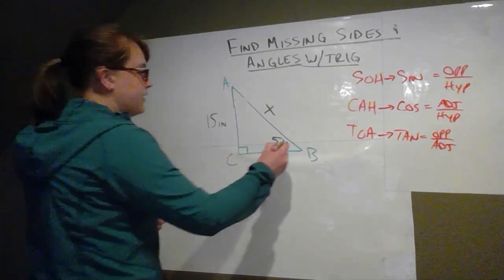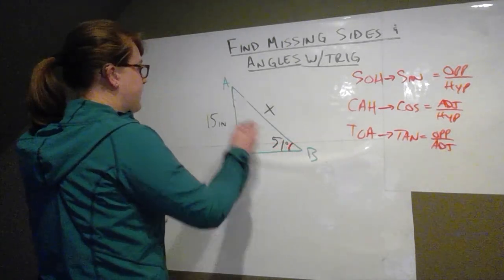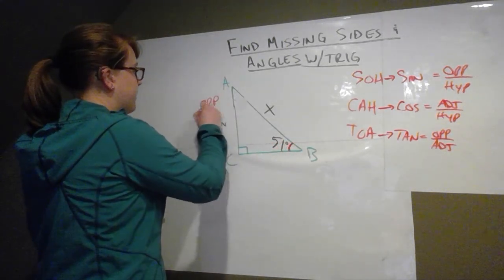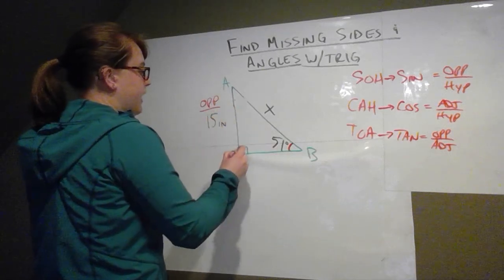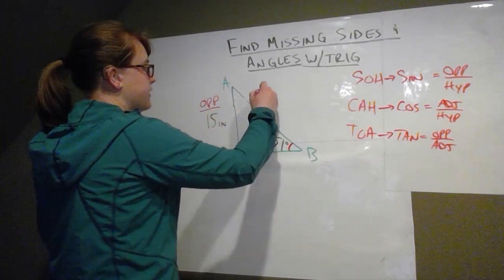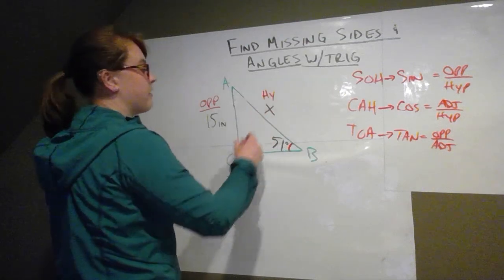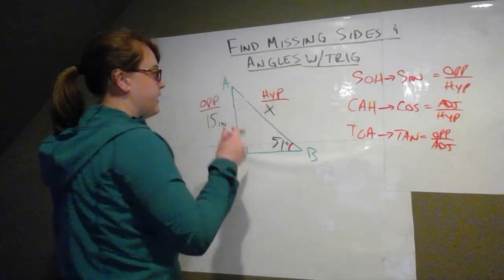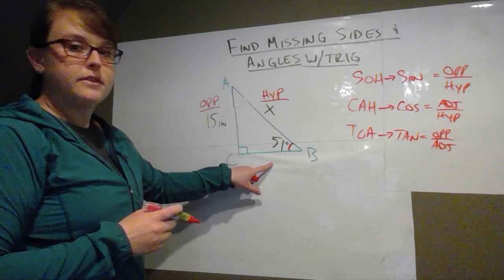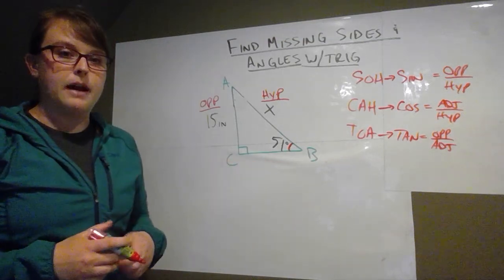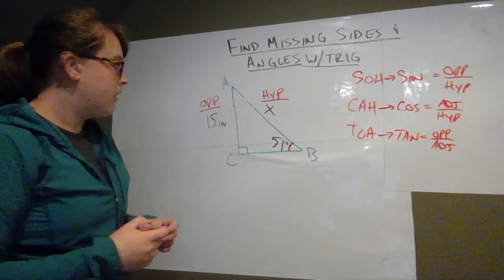So here's angle B. And according to angle B, this is my opposite side, since it's across from it. And this is across from the right angle, so it is the hypotenuse. This would be the adjacent side, but I don't know anything about it, so I'm not really going to do anything with it.